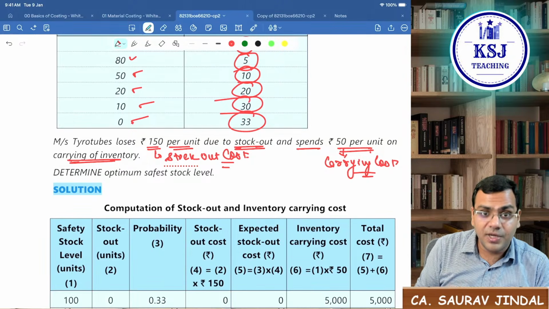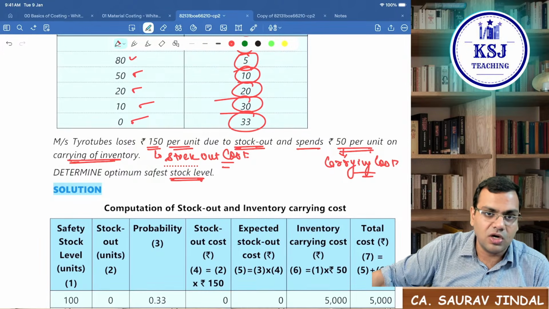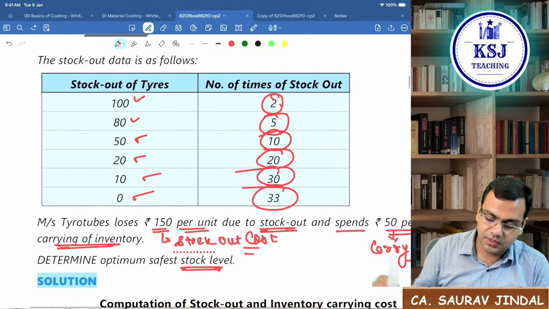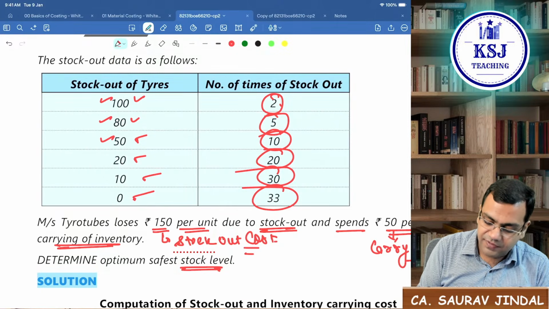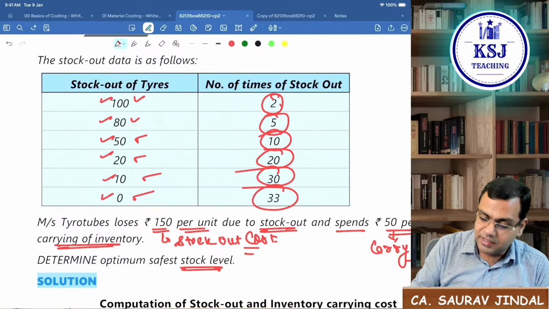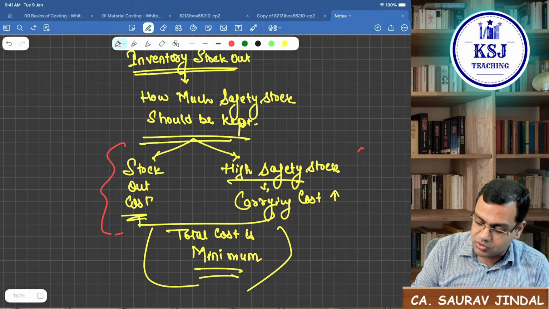Determine the optimum safety stock level. Whether we should be keeping a safety stock of 100 units, 80 units, 50, 20, 10 or no safety stock. How will we decide? That is what I told you. This will be decided on the basis of this cost.